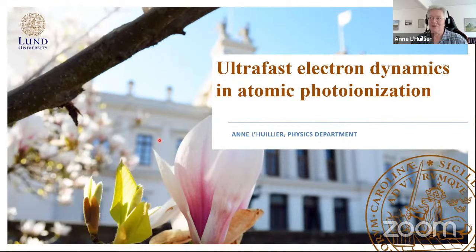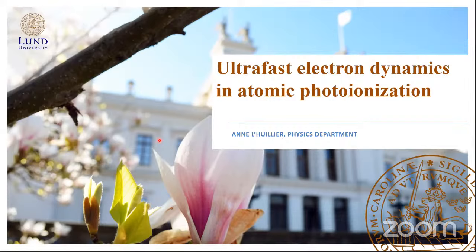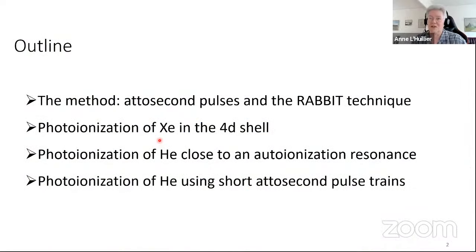Okay, so I'm going to focus on application of Attosecond pulses today, and application in looking at electron dynamics in photoionization of atoms. So this is the outline of this talk. I will discuss the method which uses the Attosecond pulses and the Rabbit technique.